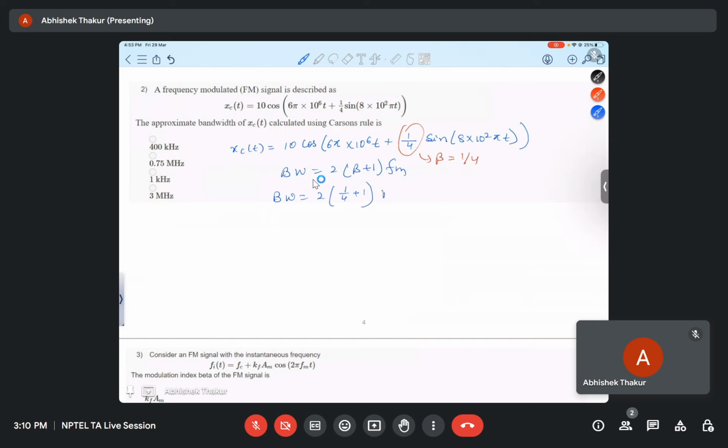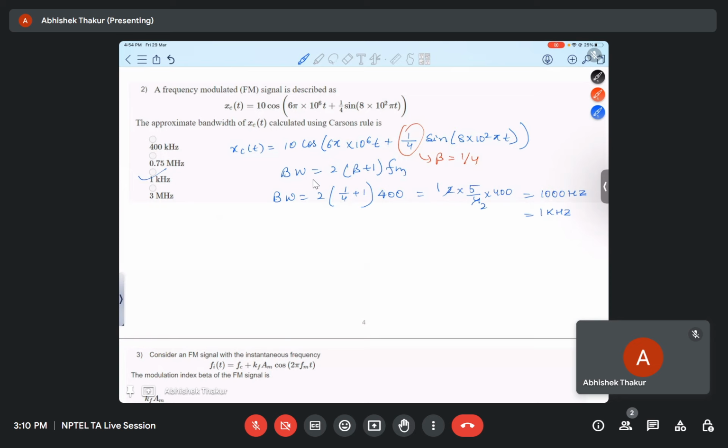So this is equal to 2 into 5 by 4 into 400 hertz. So the value will be 1000 hertz, that is equal to 1 kilohertz. So option C is the correct answer for this question.